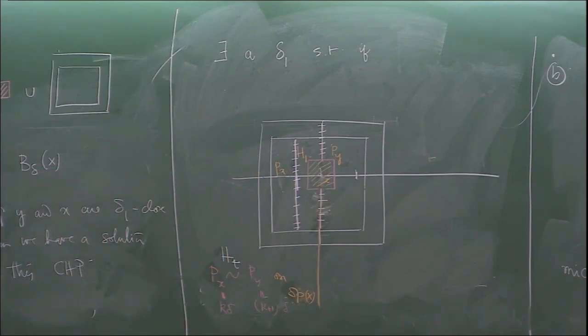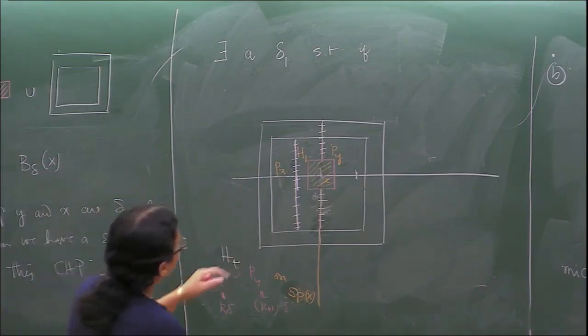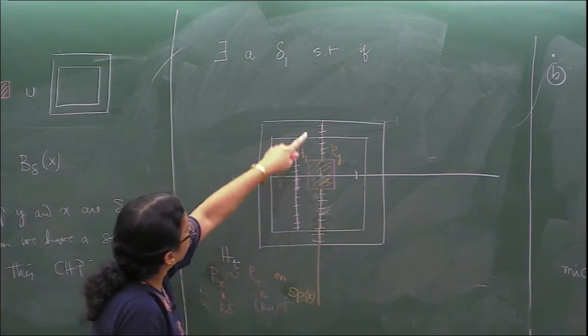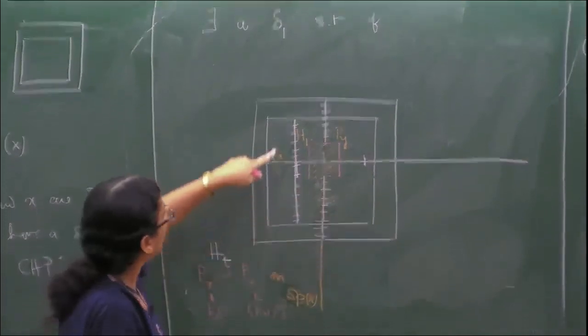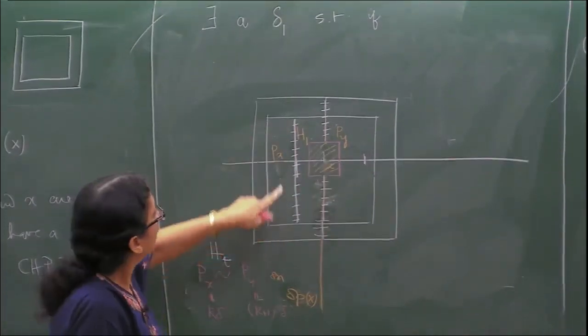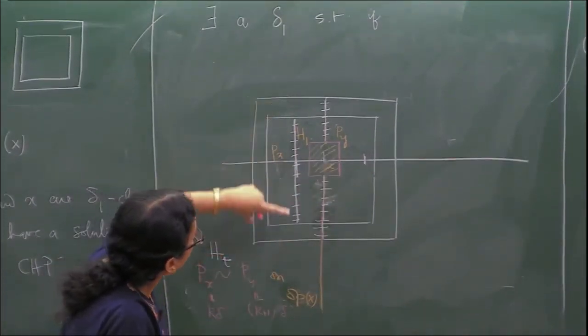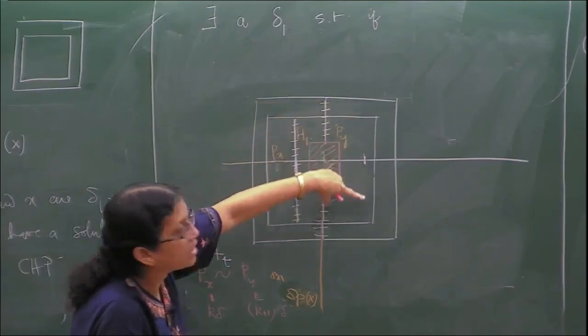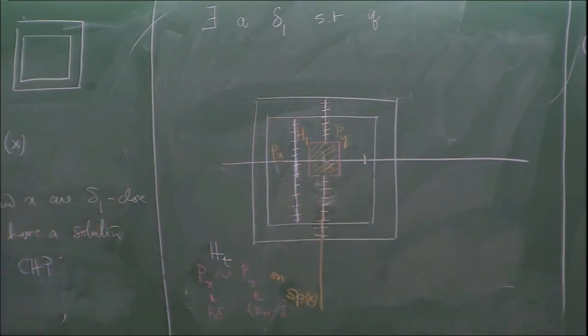Let us see. So I have deleted from the square these slits and also deleted this part. I have put Px on the left hand side, I have put H1 here, I have put Py here. Let me see whether all these data match or not.